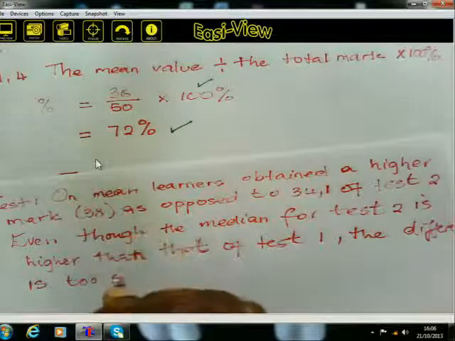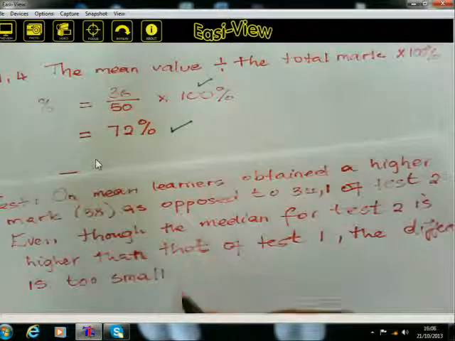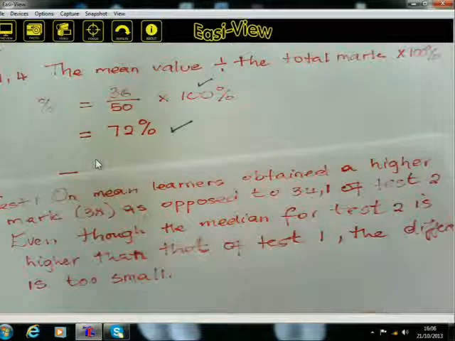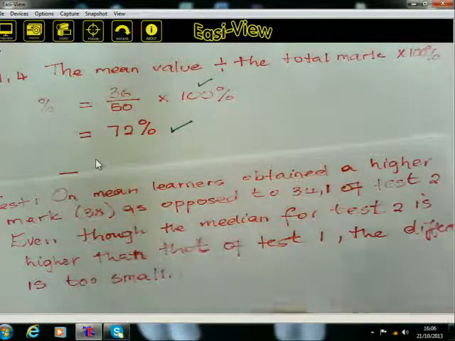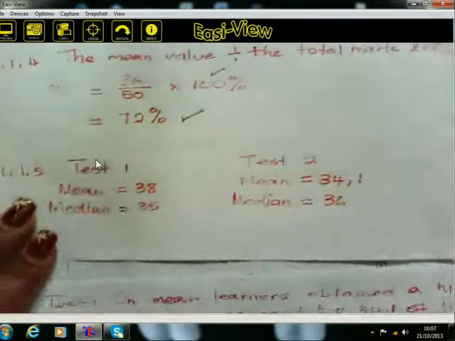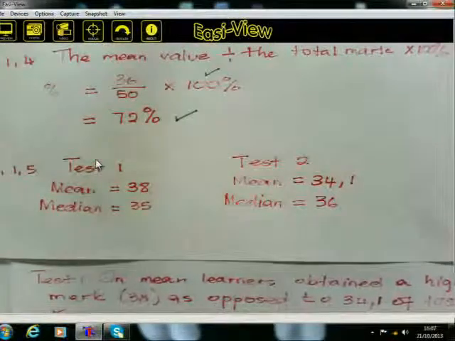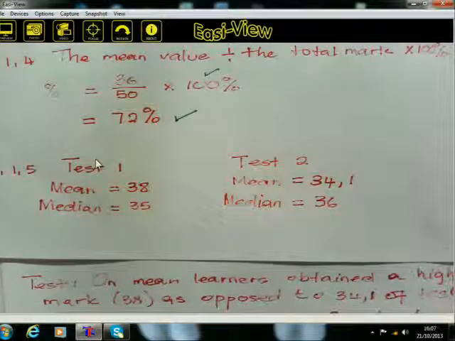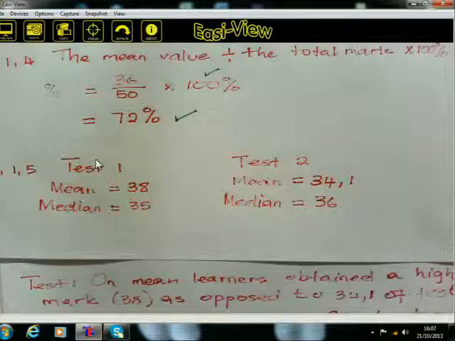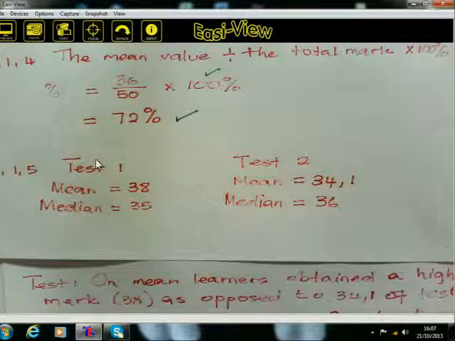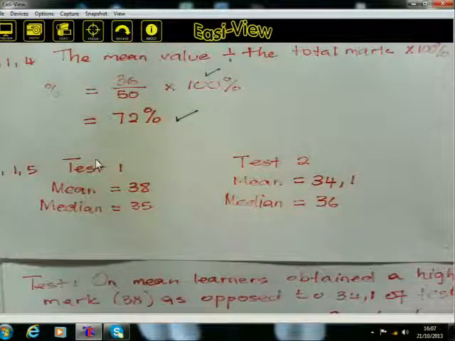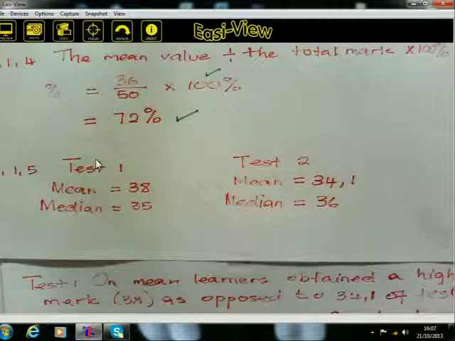So it shows you that the difference is only 1. So now we can conclude or motivate it by saying that test 1 was easier.